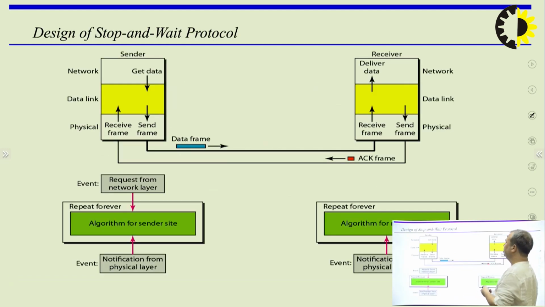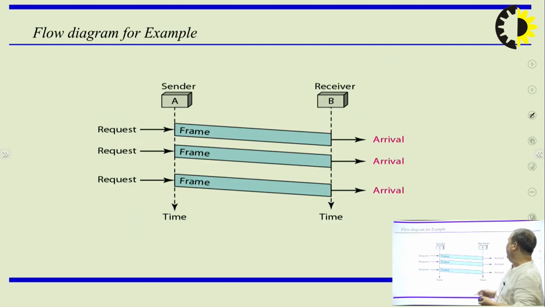Okay, now what is the stop and wait protocol? Stop and wait means the sender sends a frame, and it waits until it is acknowledged by the receiver that the frame has been received. The sender can send a frame, and it is possible that the frame may be lost in the network.